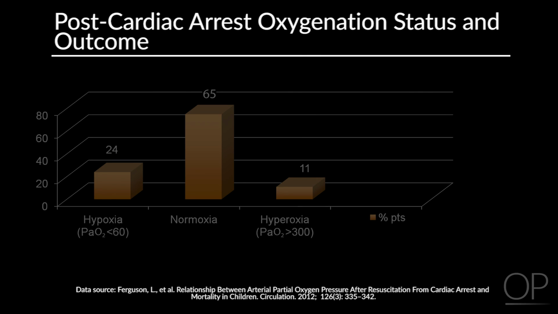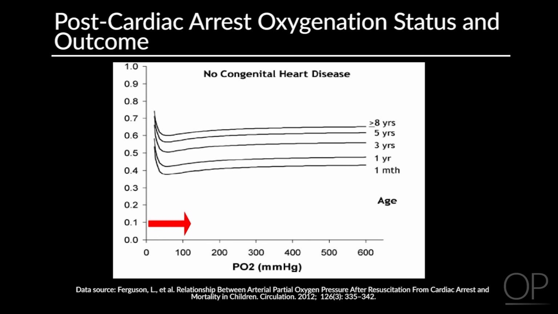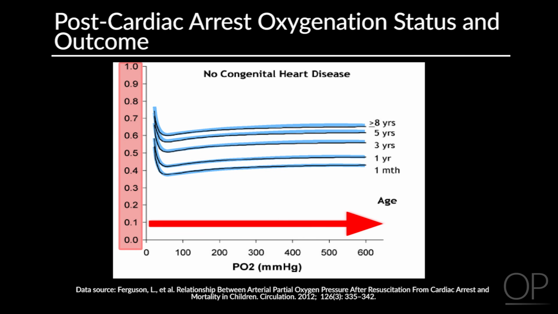And they ended up finding a similar pattern of oxygenation post-cardiac arrest, hypoxia more common than hyperoxia. Interestingly, they found that there was an association between PaO2 and outcomes, but it wasn't what we had anticipated. What they ended up finding is that clearly with increasing PaO2, there is a gradual rise in the probability of death. Hyperoxia is indeed statistically worse for you.